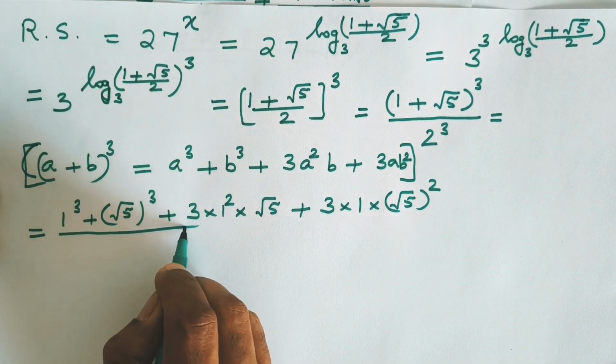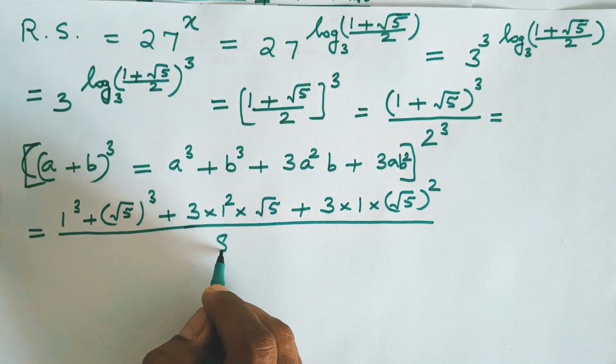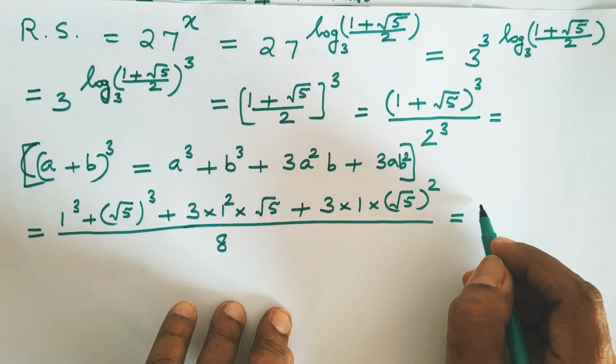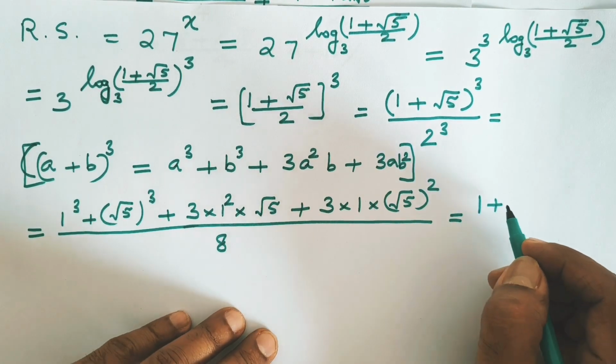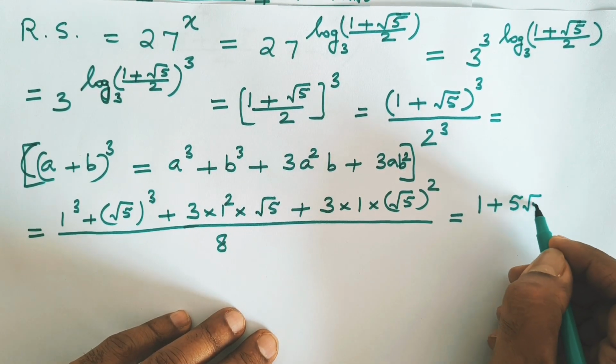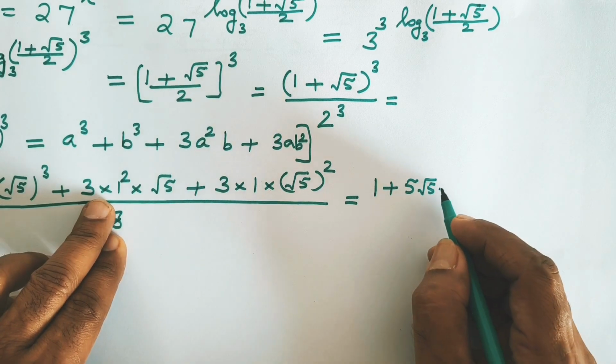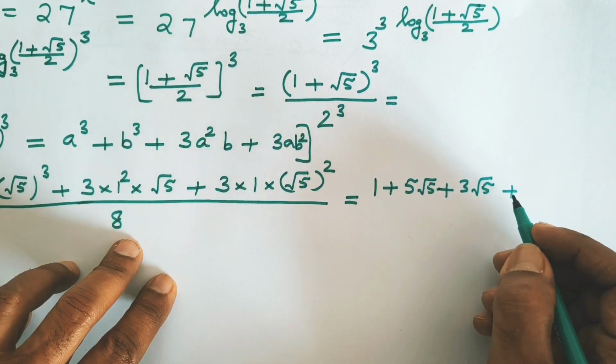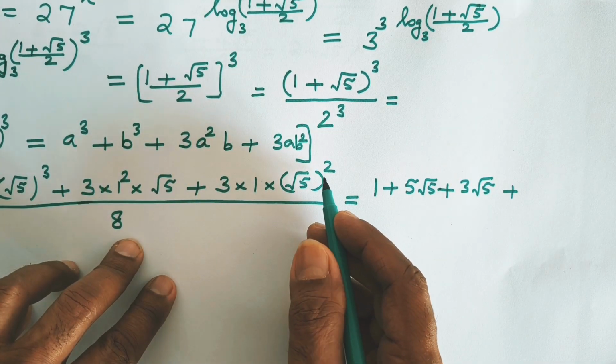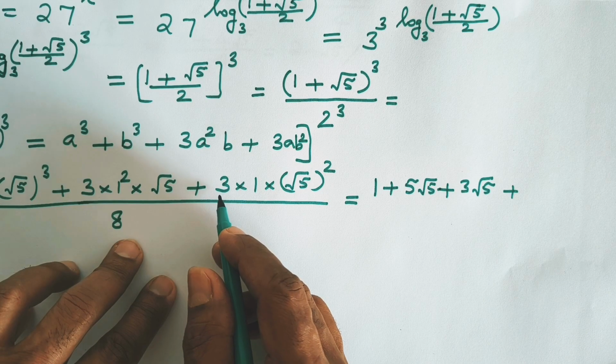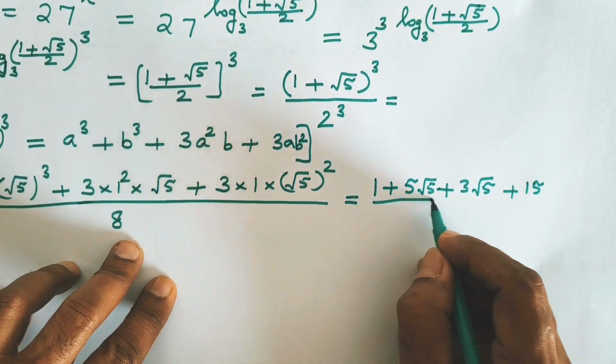The whole divided by 2 cubed, which is 8. Now 1 cubed is 1. Root 5 the whole cubed will be 5 root 5, and this term will be 3 root 5 plus root 5 the whole square will be 5. That 5 multiplied by 3, 15, and the whole divided by 8.